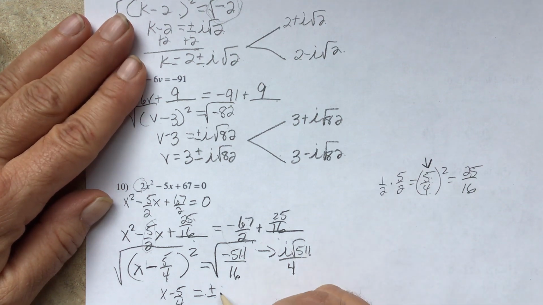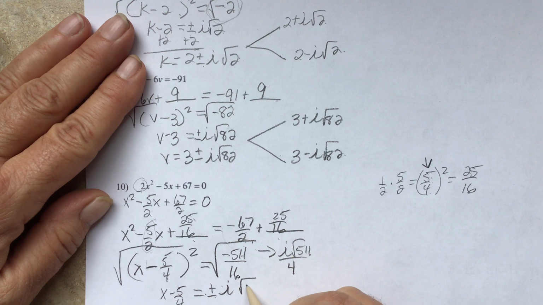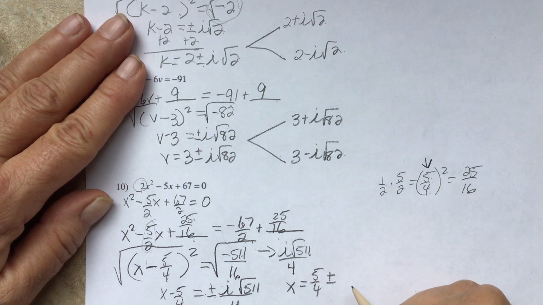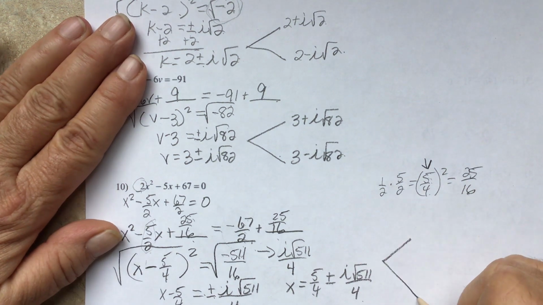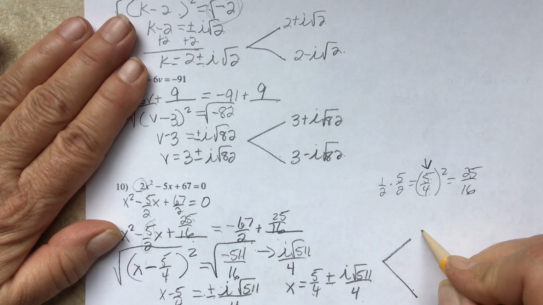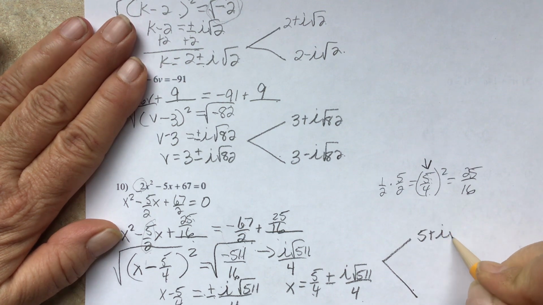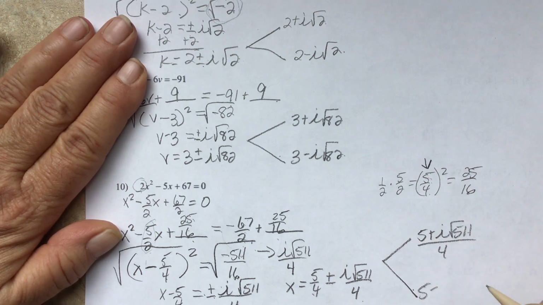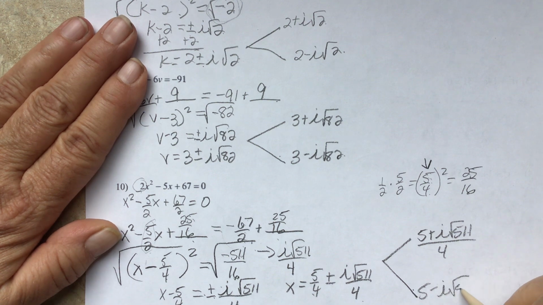So that's going to be ± i√511/4. Add 5/4 to each side, so I get x = 5/4 ± i√511/4. Now look, they have the same denominator. So one solution is going to be (5 + i√511)/4. The second solution is (5 − i√511)/4.